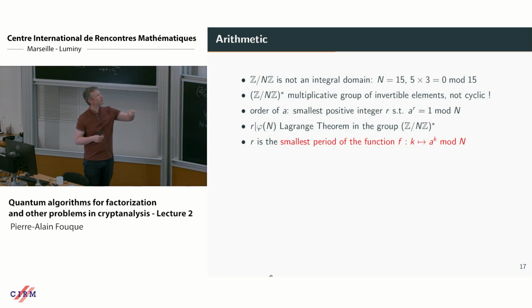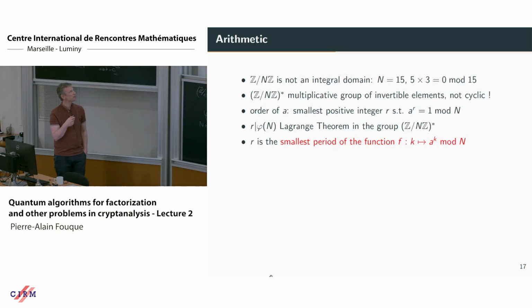The subgroup generated by a is a subgroup of this larger group. According to Lagrange's theorem, the cardinal of this subgroup divides the cardinal of the group. So r, which is the order of a, the number of elements in the subgroup generated by a, divides the cardinal of this group.